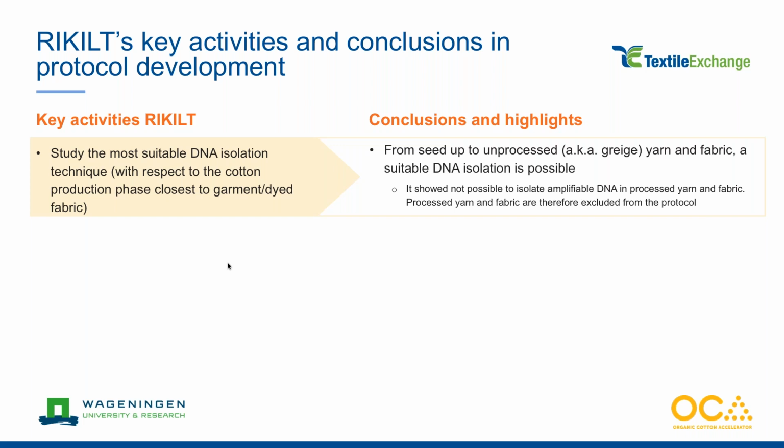So what the results of Rikilt showed was that from seed up to unprocessed yarn and fabric, that means yarn and fabric that had not undergone wet processing, no bleaching, no dyeing, no finishing processing, none of that happening, so the grayish yarn and fabrics, there it was possible to actually isolate good quality DNA.